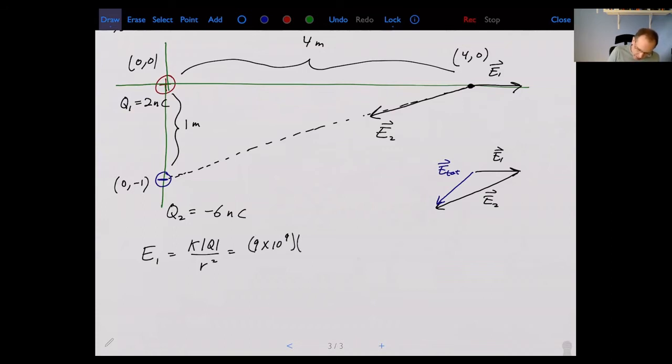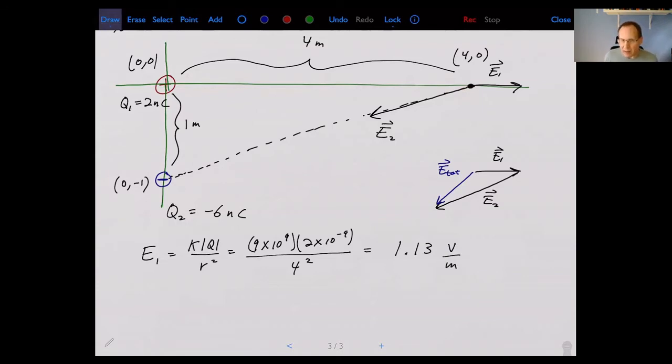The absolute value of Q is going to be 2 nanocoulombs, so that's 2 times 10 to the -9th. And the R here is this distance, which is 4, so this will be 4 squared. If you work this out, it turns out it's around 1.13, I'll round it, 1.13 volts per meter.